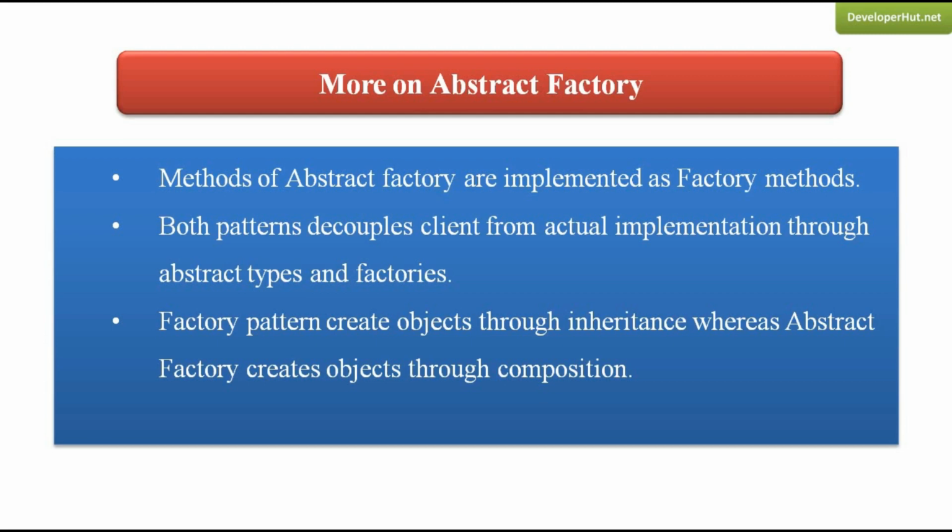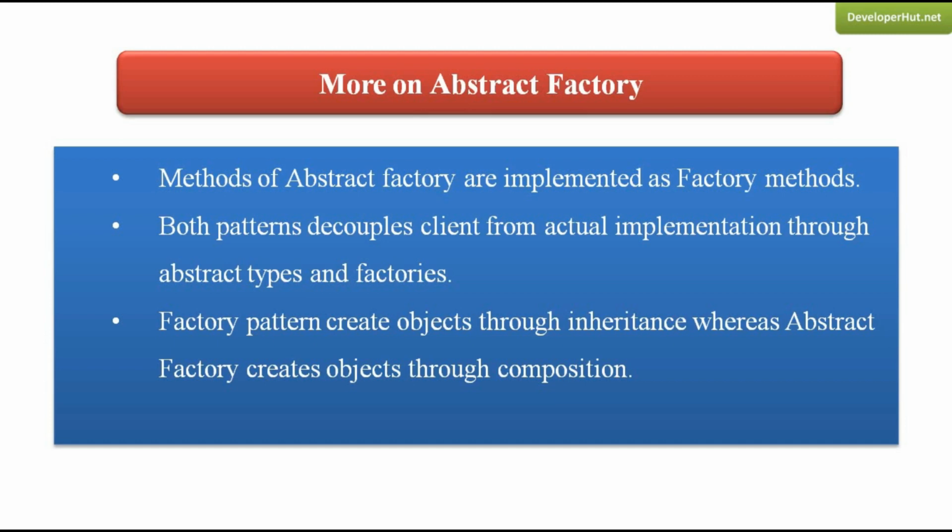So that's the actual goal of both these design patterns, to decouple your client from the actual implementation, right? In case of a factory design pattern, it creates an object through inheritance with the interfaces we saw in our earlier example, right? Whereas the abstract factory design pattern creates an object through composition, right?